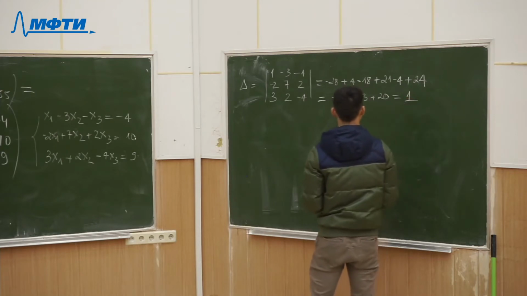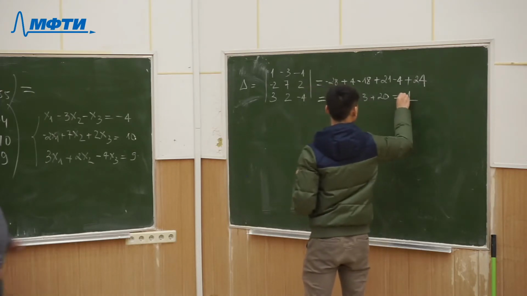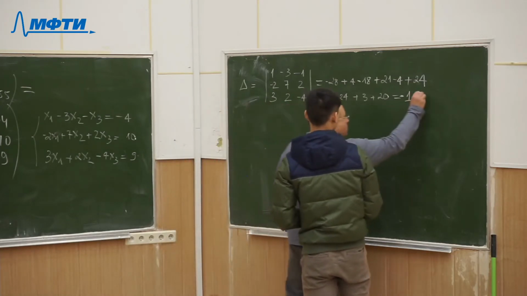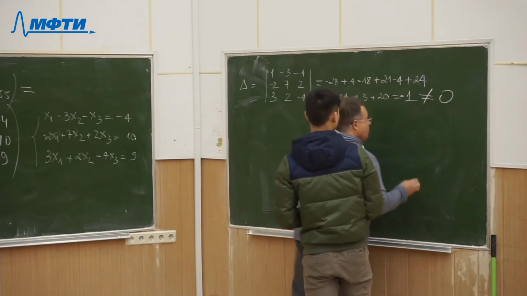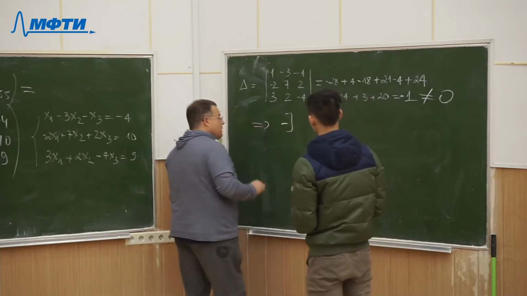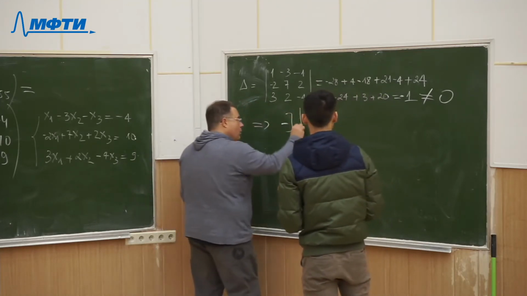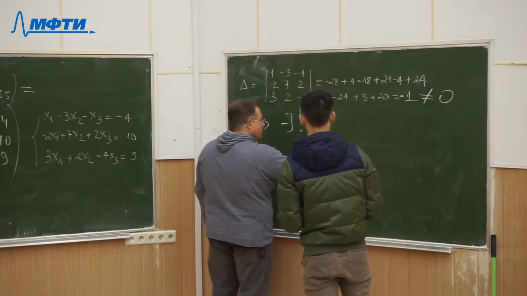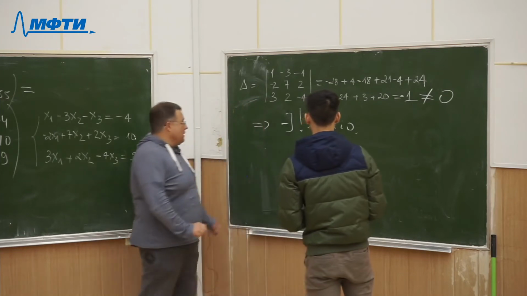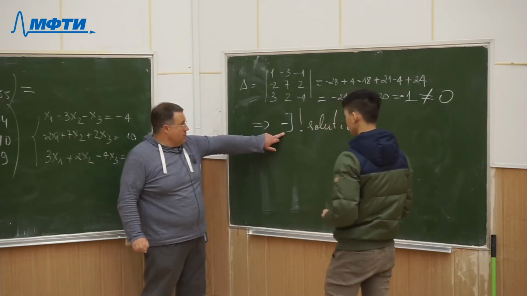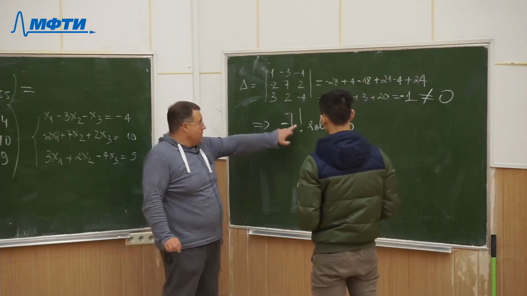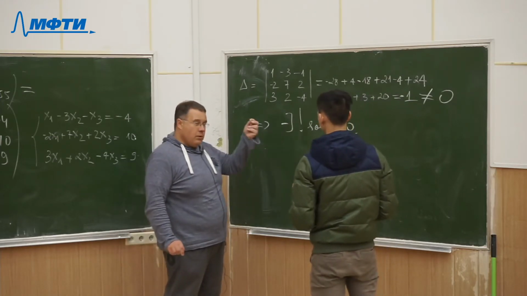So, delta is not equal to 0, yes? Consequently, there exists the only solution. This symbol denotes exists. This symbol denotes the only.